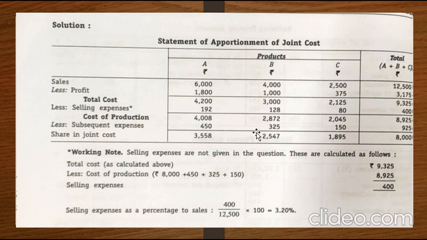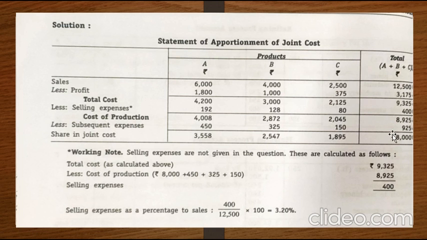So we will minus that to get your share in joint cost. Now when we minus 4,008 minus 450, you will get 3,558. Then 2,872 minus 325, you will get 2,547. Then 2,045 minus 150, you will get 1,895.